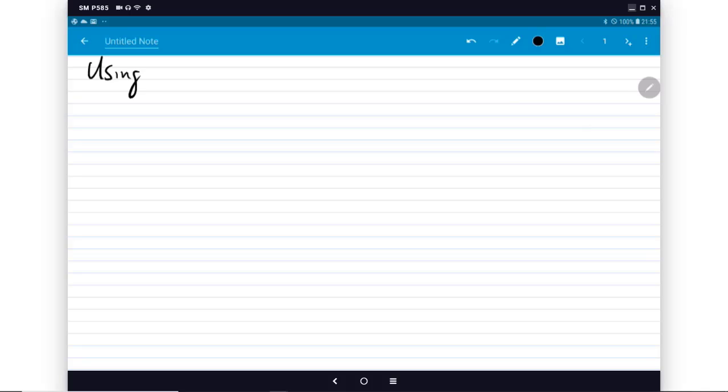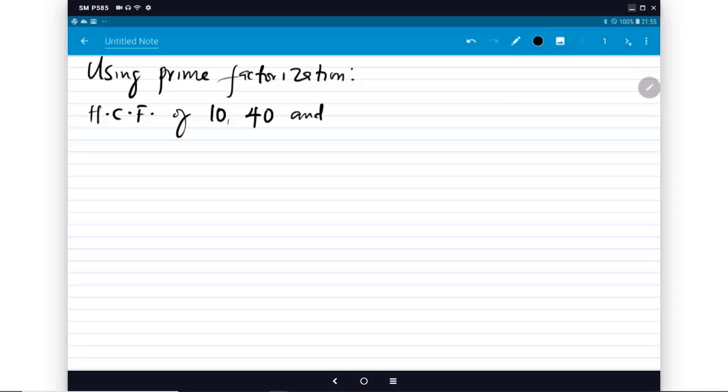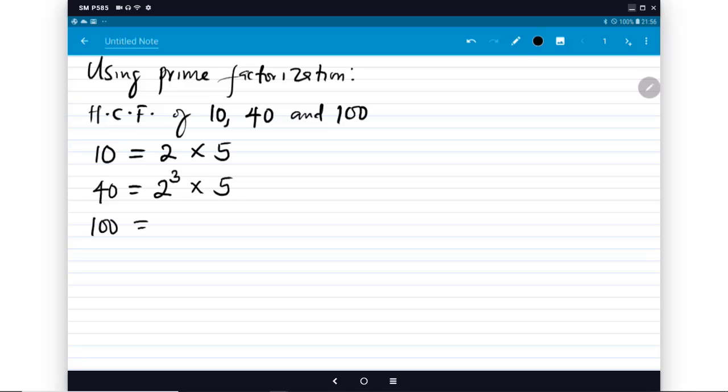Now, to find the HCF of 10, 40, and 100, we express each number in prime factorization. 10 is 2 times 5. 40 is 2 raised to power 3 times 5. 100 is 2 raised to power 2 times 5 raised to power 2.